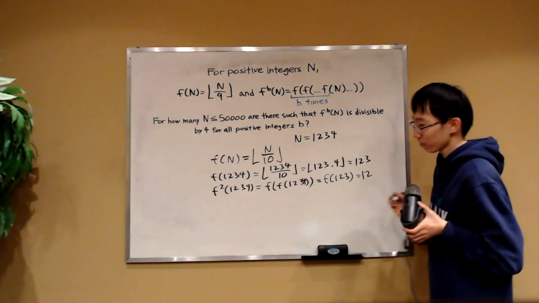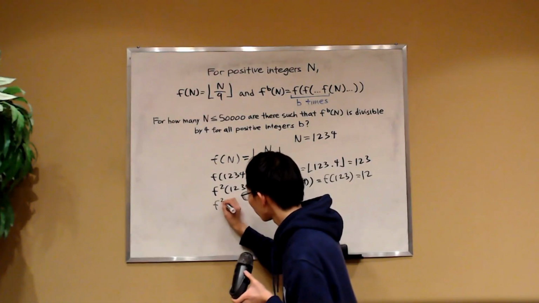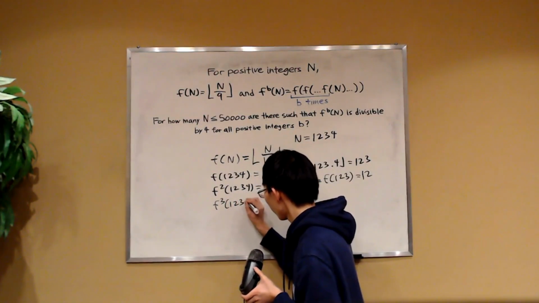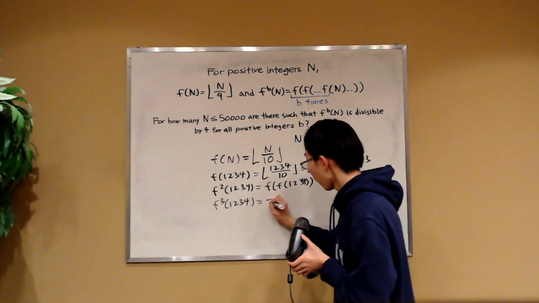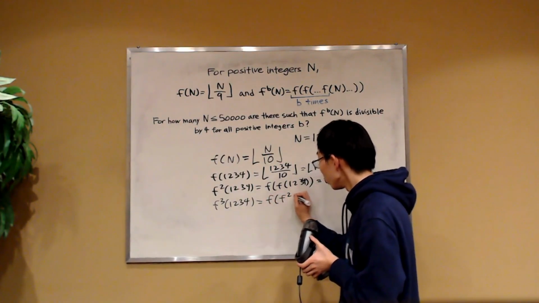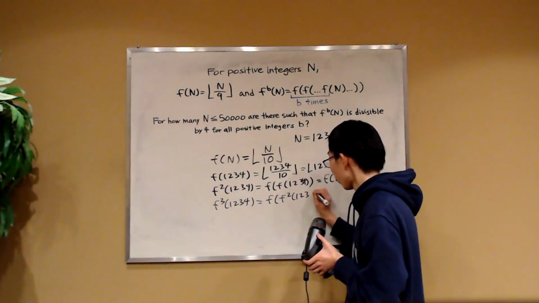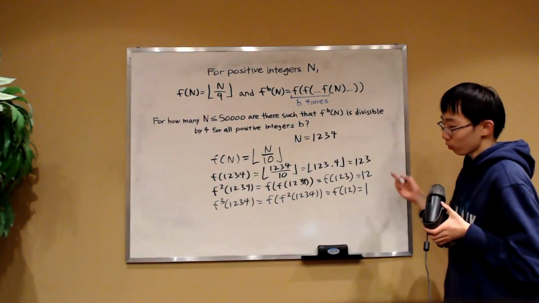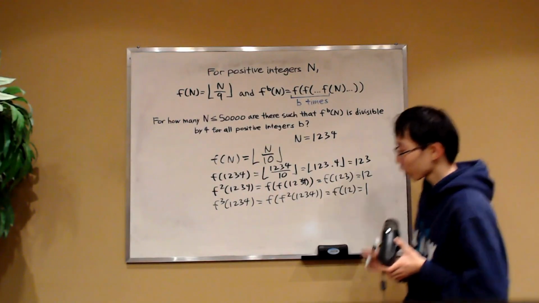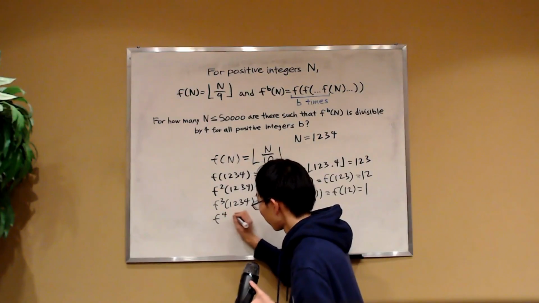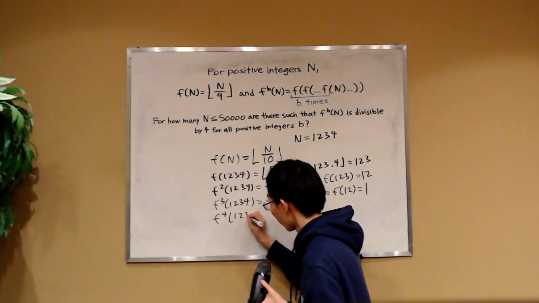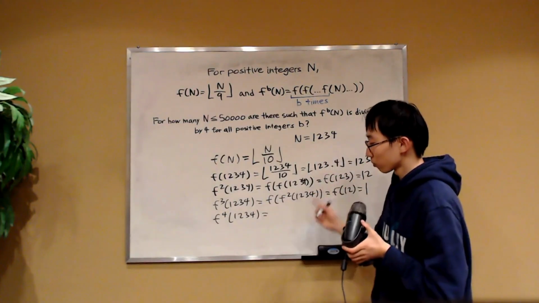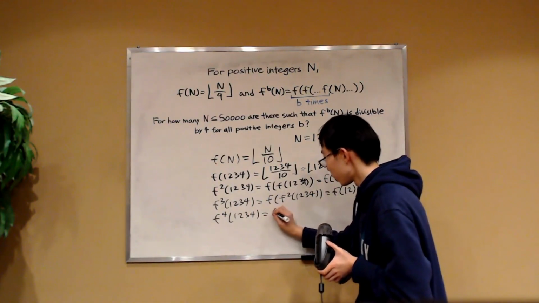Okay, now what about something like f to the 3 of 1234? Well, this is equal to f of f to the 2 of 1234, that's 1. Now, at least one more time, f to the 4 of 1234. I'm going to skip the details. You can calculate this to be 0.